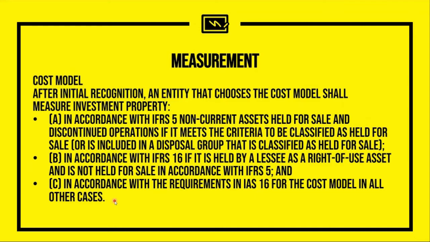So that's very simple. As a general rule, under the cost model it is going to be cost minus accumulated depreciation and minus accumulated impairment losses. So that's how it works.